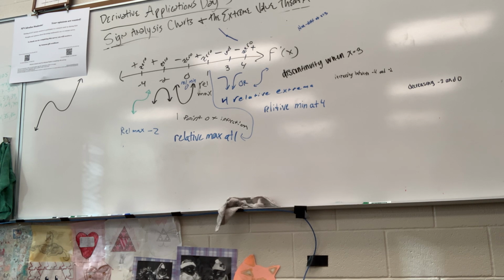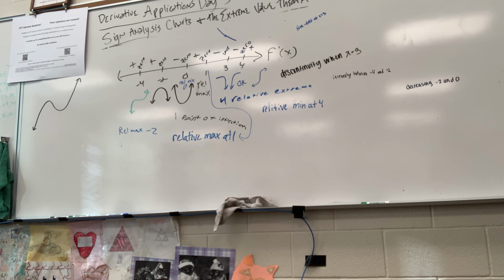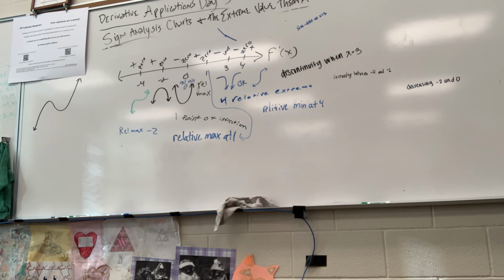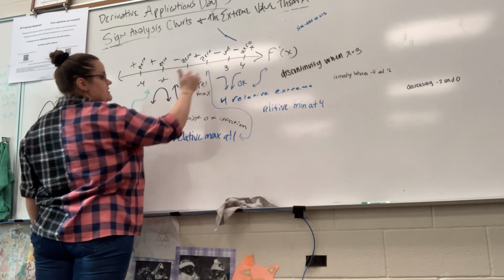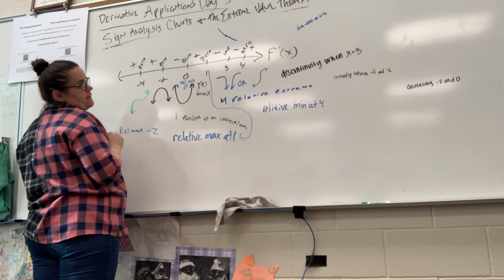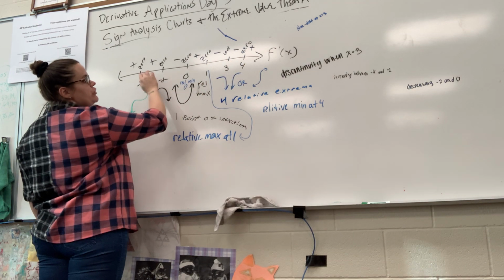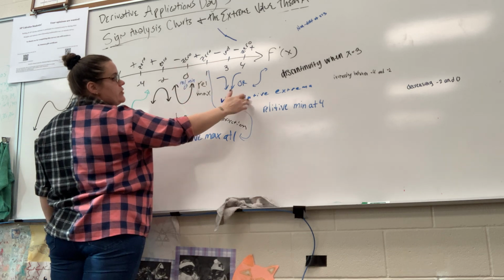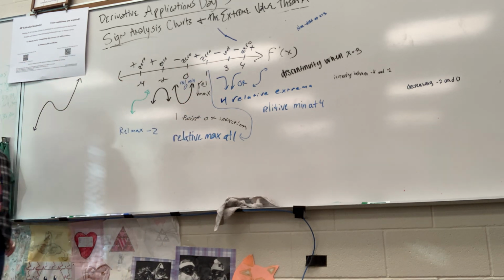Maxima is always the top, always max. Extrema is our word that encompasses both extremes, max and min, right? So be careful. Okay, good. Because we have 2 relative minimums and 2 relative maximums, but we do have 4 relative extrema, okay?